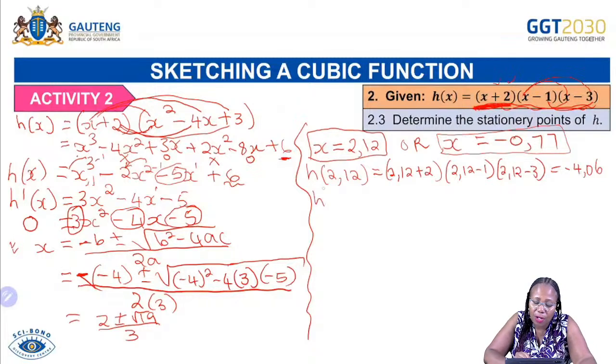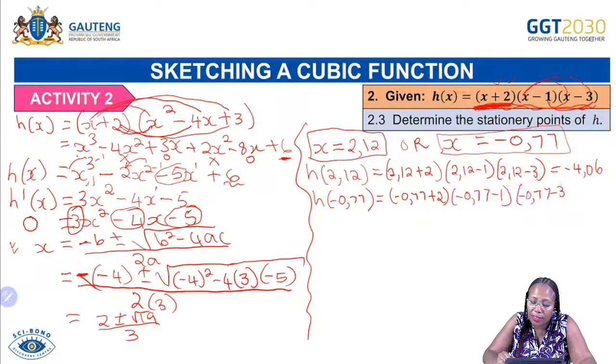And then the next one will be at h equal to minus 0,77. So x is now minus 0,77 plus 2 for the first bracket, followed by minus 0,77 minus 1 for the second bracket. The third bracket is minus 0,77 minus 3. And this one gives us the y value of 8,21.